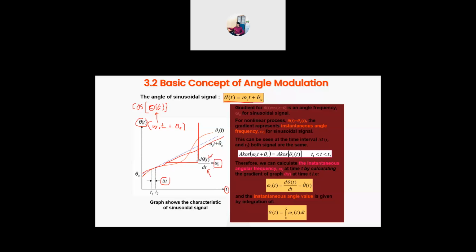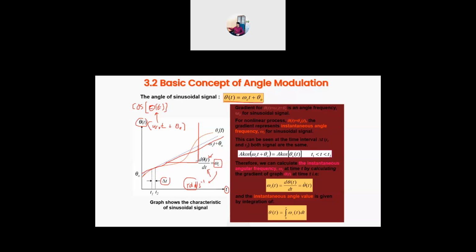ωc is in radians over second. So you have radians here and seconds here. Then ωc is radians over second.